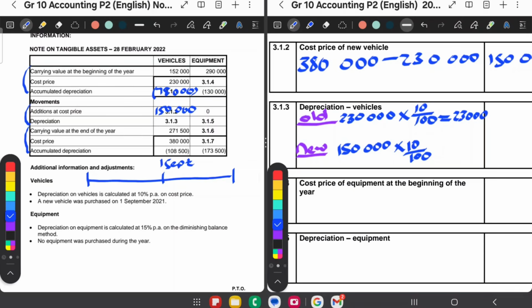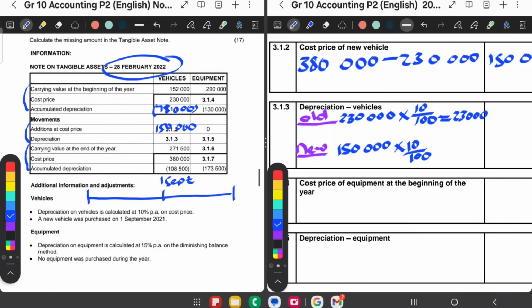And the end of our financial year is 28 February 2022. So for a new vehicle, it's always from the day you buy it till the end of the financial year. So it includes September. So I'm going to write here, it's September, October. So the whole of September, the whole of October, the whole of November, December, January, and the whole of February, because this is the end of Feb.